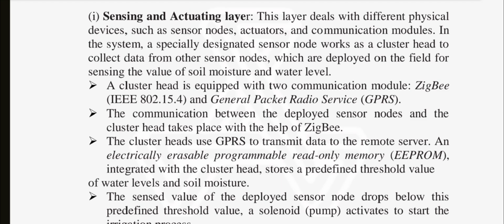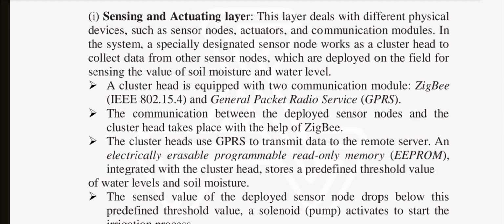A cluster head is equipped with 2 communication modules: ZigBee, IEEE 802.15.4, and General Packet Radio Service, GPRS. The communication between the deployed sensor nodes and the cluster head takes place with the help of ZigBee. The cluster head uses the GPRS to transfer data to the remote server.